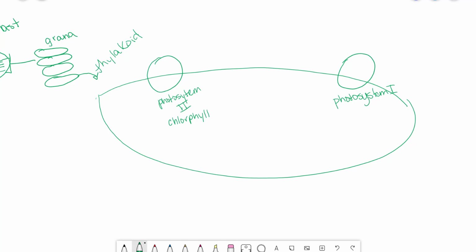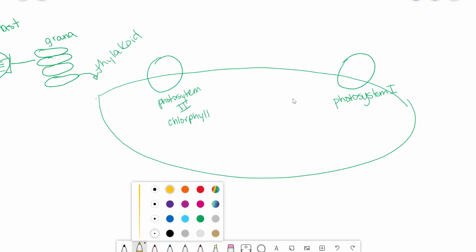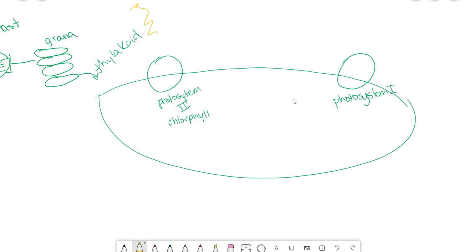Now, to kick this whole thing off, we need two important things. The first thing we need is light waves from the sun. The second thing we need is some water, and we can get the water from the atmosphere, or from our roots because we're a tree.